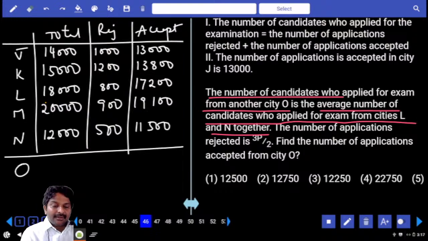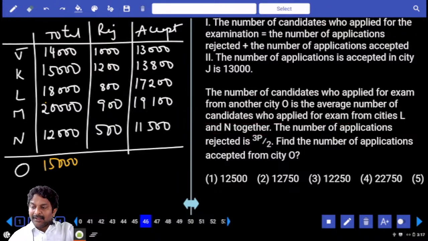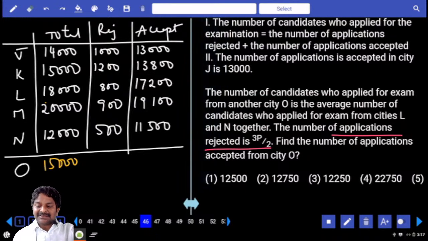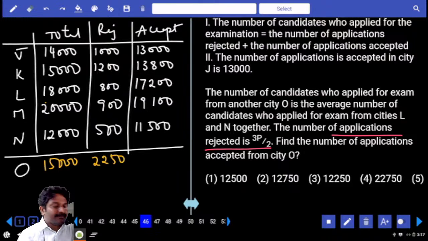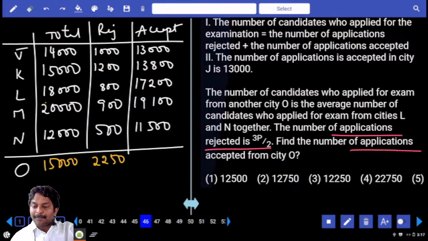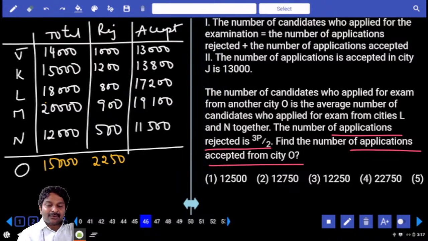Average, 15,000 applied. Number of applications rejected is 3P by 2. You know already P by 2 is 750. 3 times of it, 2,250. They are rejected. Applications accepted from city O is the difference, 12,750.